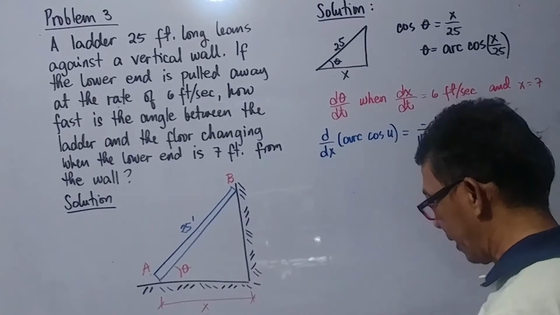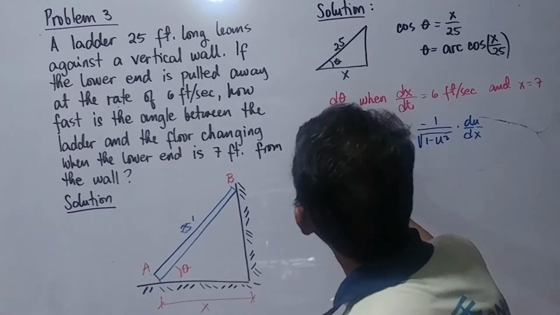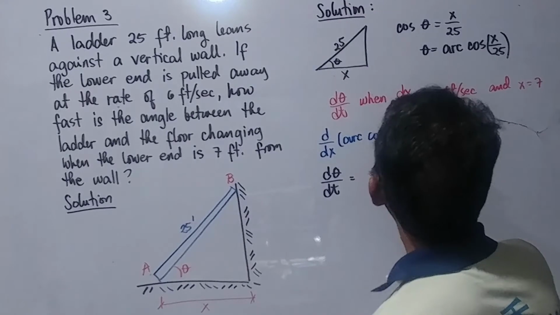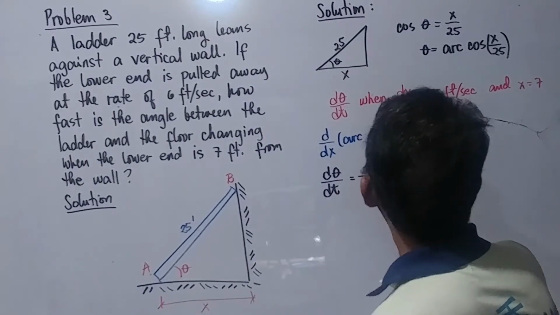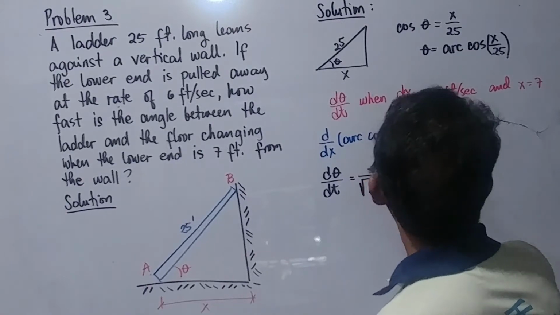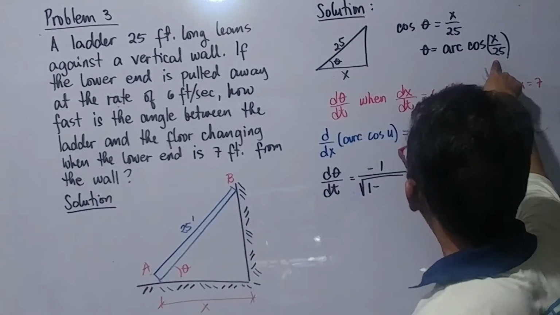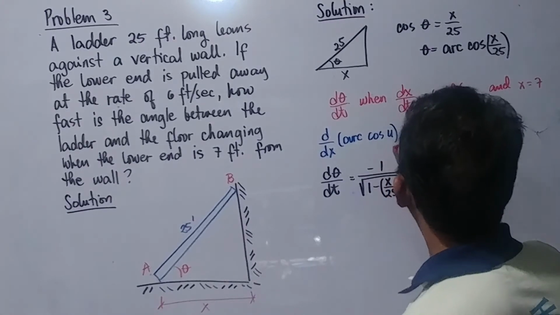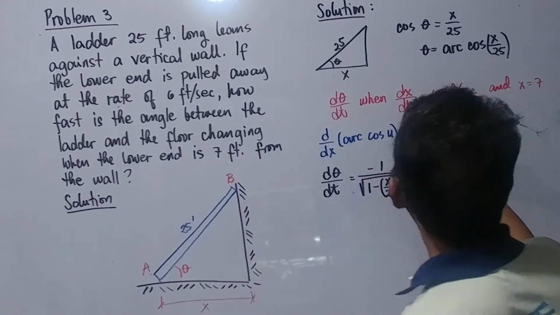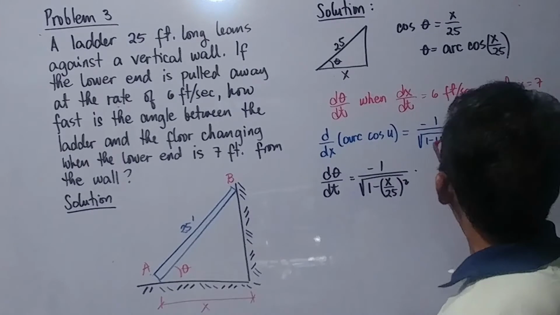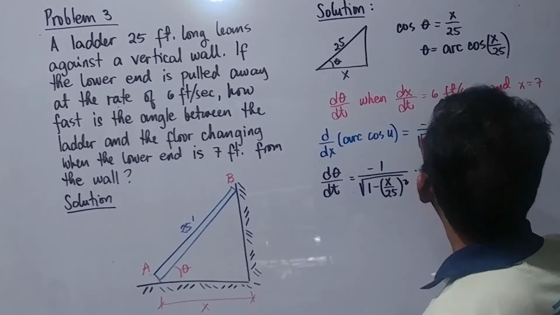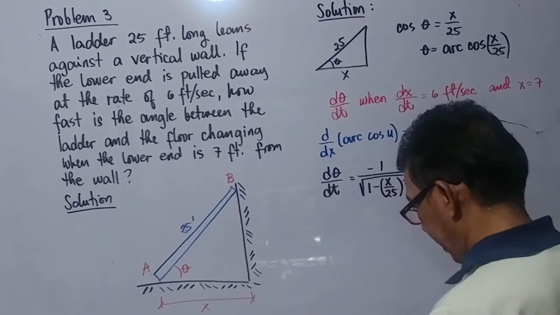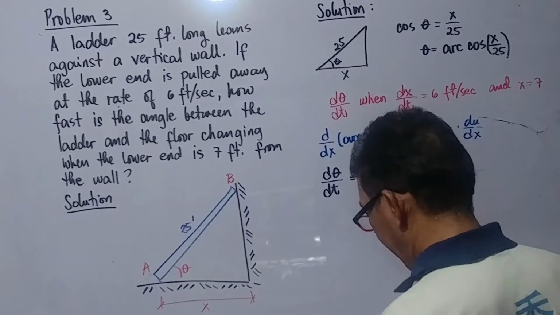Now we can say that our d theta dt is equal to negative 1 over the square root of 1 minus x over 25 squared times du dx, which is 1 over 25, dx dt.